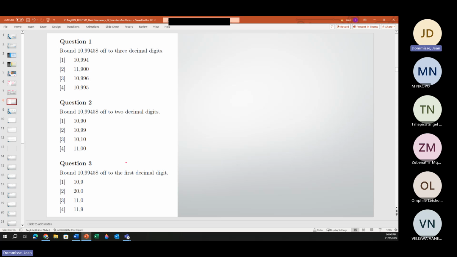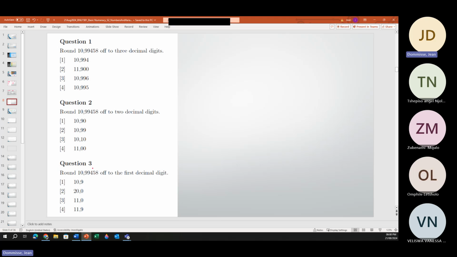Some of the students get question 1, some get question 2, and some get question 3 as the question for decimals. And that will also happen in the exam: for a question, there might be three options that they might ask you in the question sets.